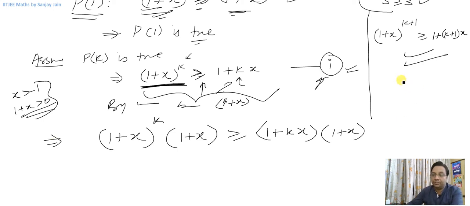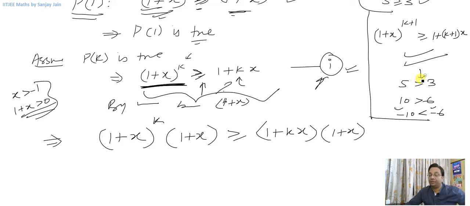If you are confused, you can check this. If 5 is greater than 3, if I multiply both sides by 2, 10 will be greater than 6. So I can multiply both sides by something positive. But if I multiply both sides by negative, let us say minus 2, then minus 10 would have been lesser than minus 6.